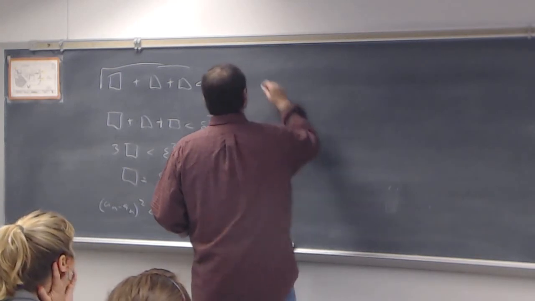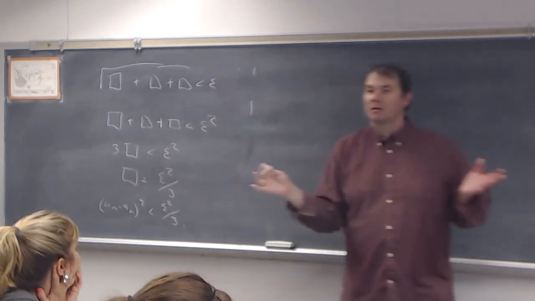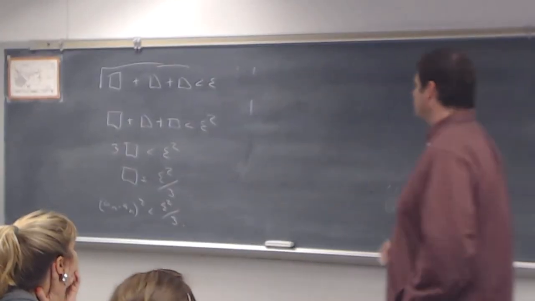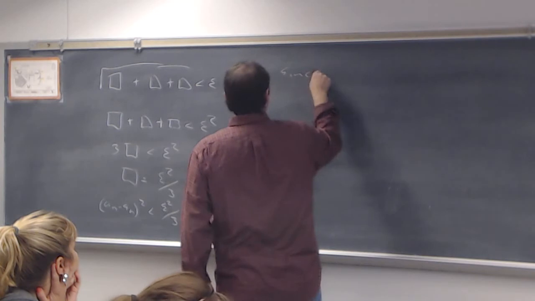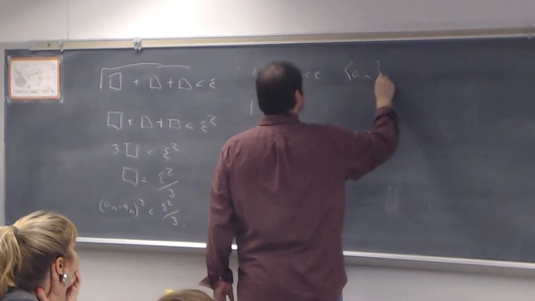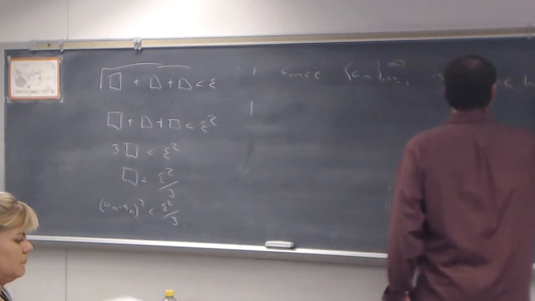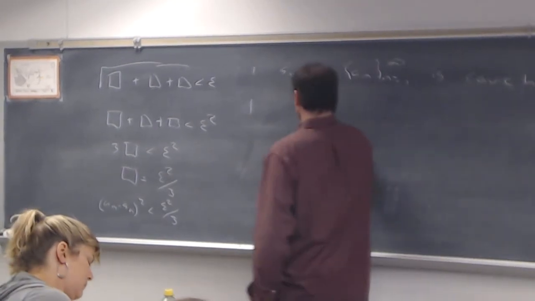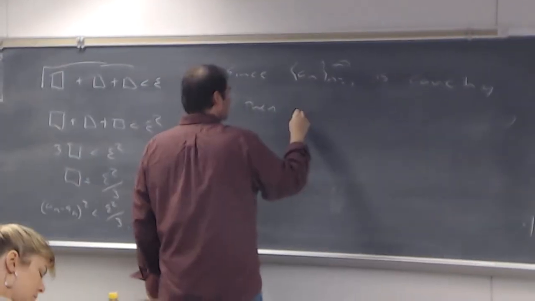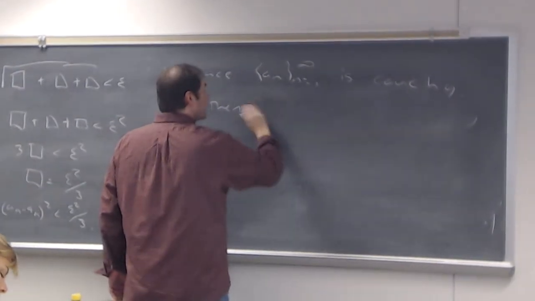So here, what do we get to control? That's what I want to have happen. What do I get to control? Well, here's what I'll do. Since a sub n is Cauchy, that means there exists, we've been given an epsilon, okay?